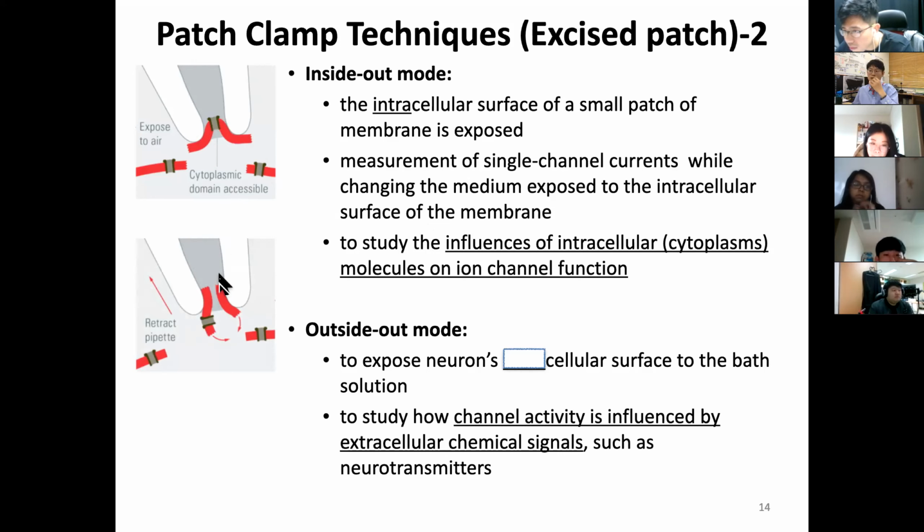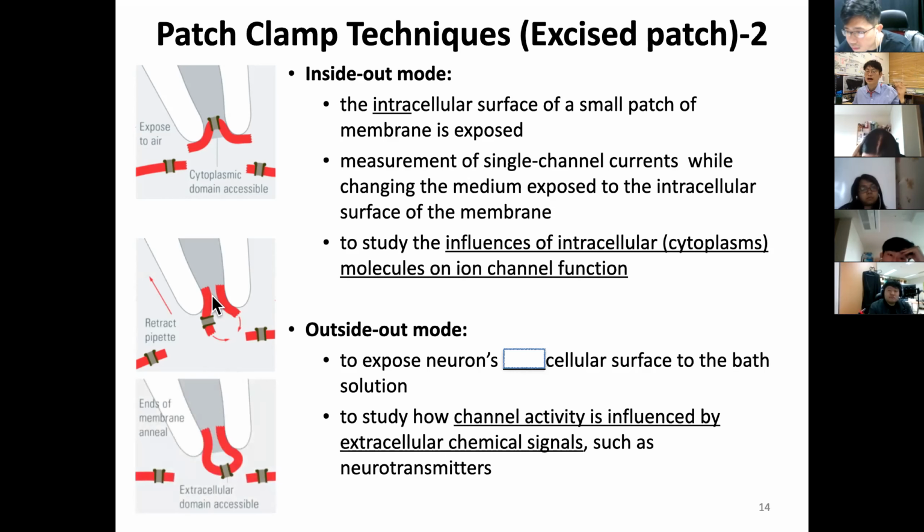So what you do is, in fact, you retract the pipette, okay? And with the first, you see the difference? Now it's a whole cell mode. A strong pulse of suction makes a tearing of the membrane, and then you actually pull it apart. What happens here?